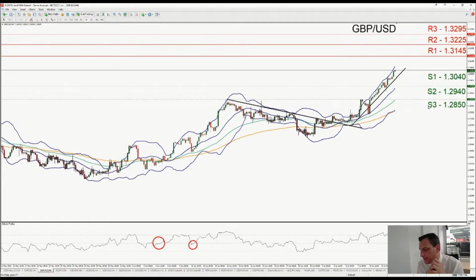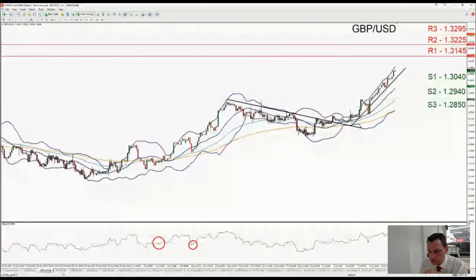The second would be the RSI indicator, which is above the reading of 70, as the euro as well. And once again, that may be highlighting the bullish tendencies in the market. On the other hand, though, may also be a warning that the pair may have reached overbought levels and may be ripe for a correction lower.